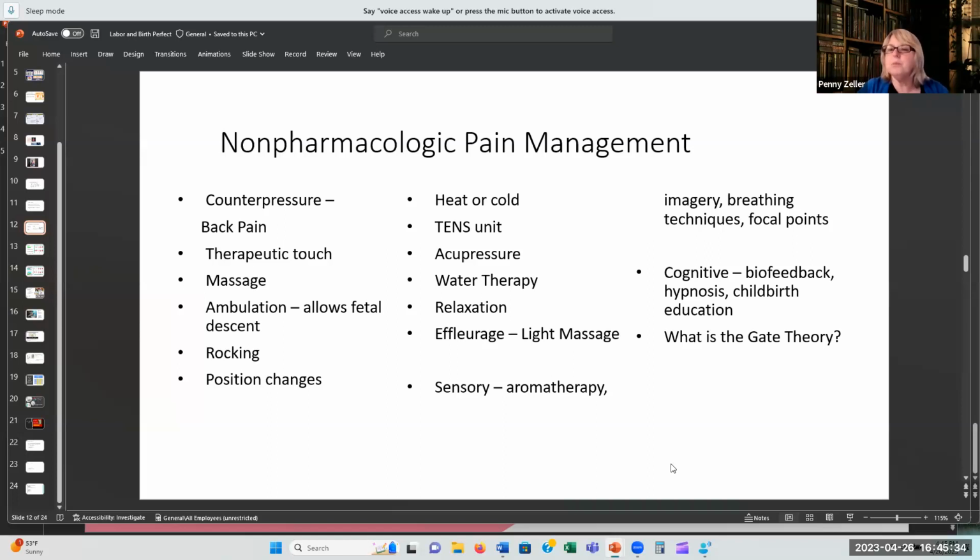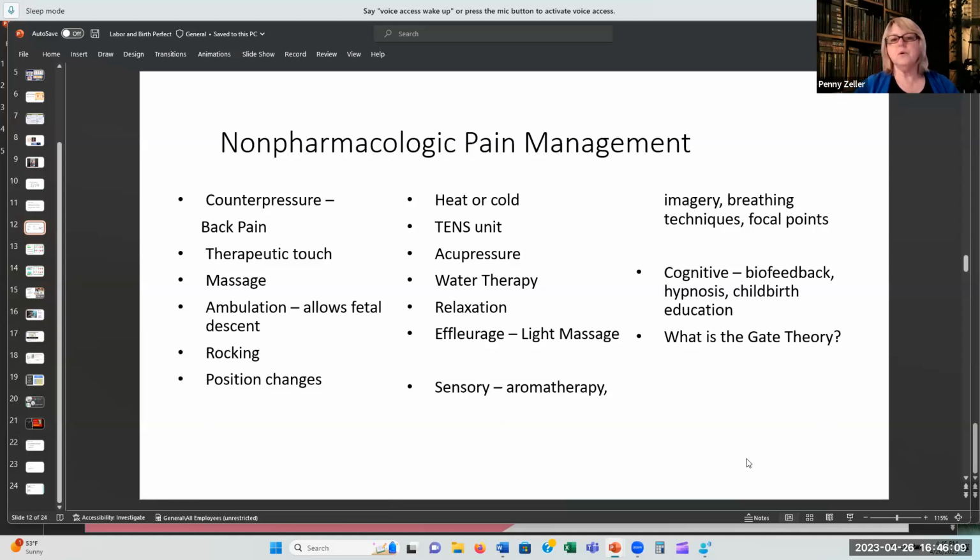And the gate theory proposes that if you use counter pressure or acupuncture, you are stimulating larger sensory nerves that block out the pain nerves. Okay, you're using larger nerve fibers nearby, and it blocks the pain signal. That's what the gate theory is about.